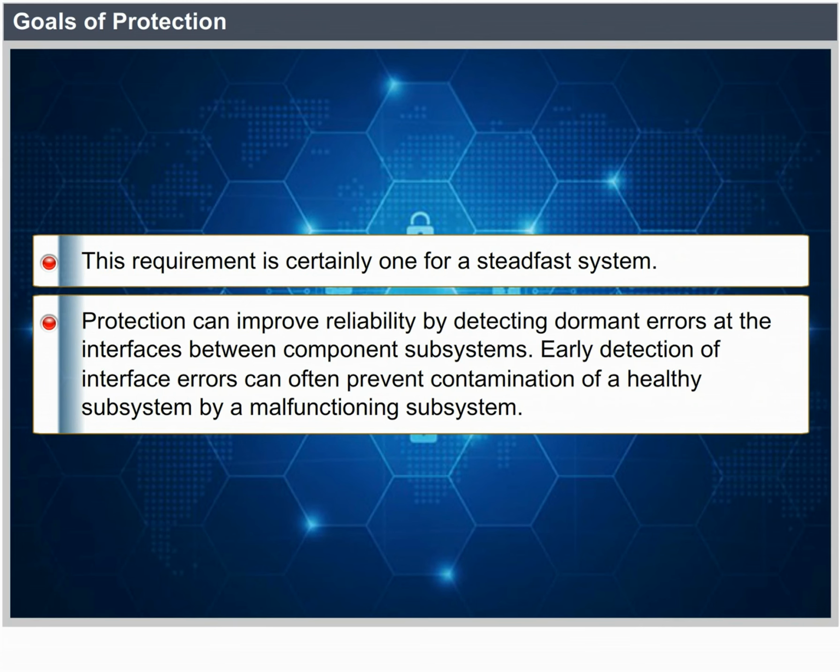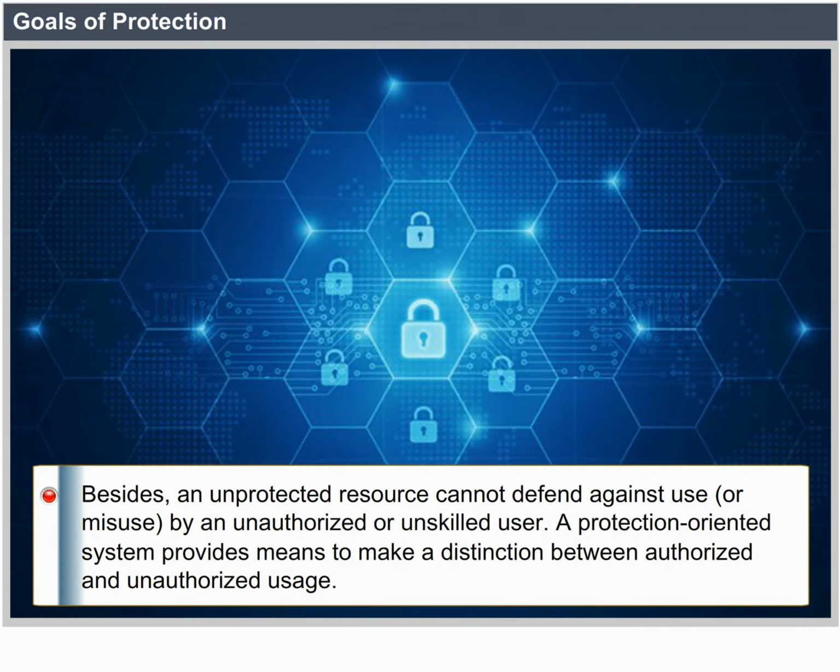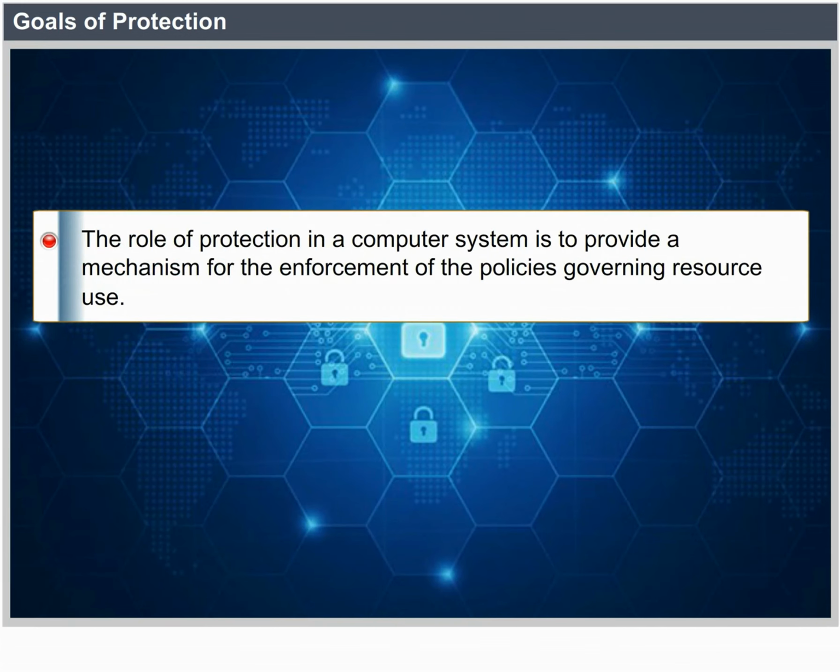Also, an unprotected resource cannot defend against use or misuse by an unauthorized or incompetent user. A protection-oriented system provides means to distinguish between authorized and unauthorized usage. The role of protection in a computer system is to provide a mechanism for the enforcement of the policies governing resource use.